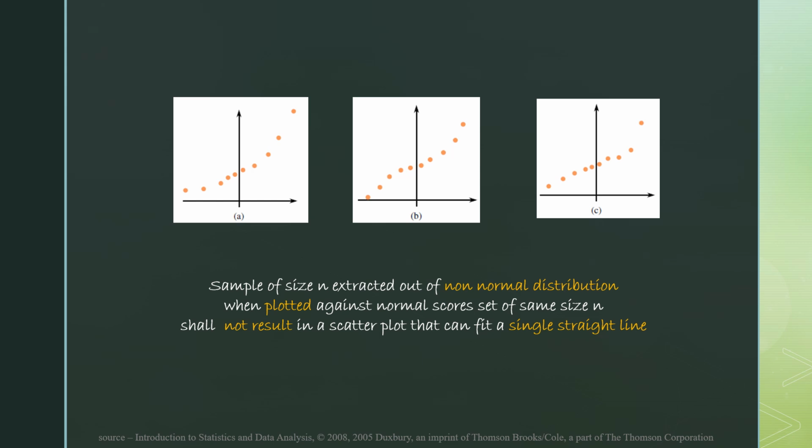A sample of size n extracted out of a non-normal distribution, when plotted against normal score sets of the same size n, shall not result in a scatter plot that can fit a single straight line. These are the three different possible cases while plotting normal probability plots, which can confirm the normality in the sample data distribution.